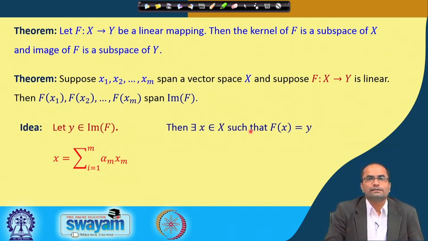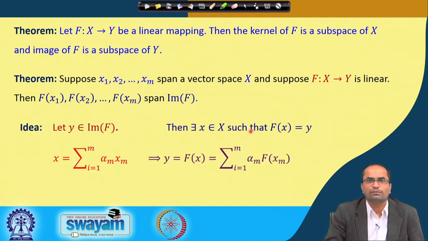Any element of X can be represented as a linear combination of x 1, x 2, x 3, up to x m, because these vectors span the vector space X. So, we have represented this x as a linear combination of the x i's, and now we apply the linear map f on x, which will naturally give us the element y.